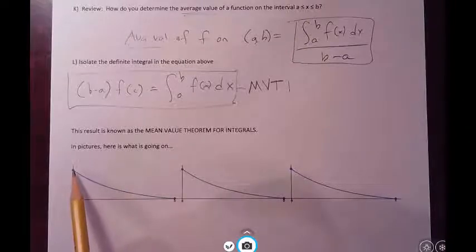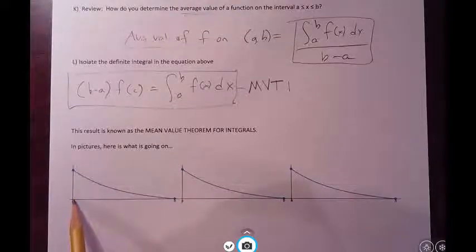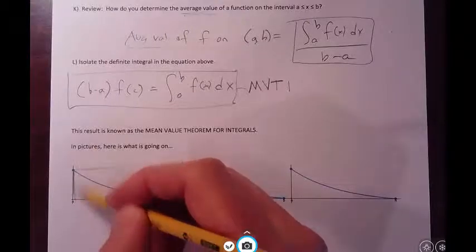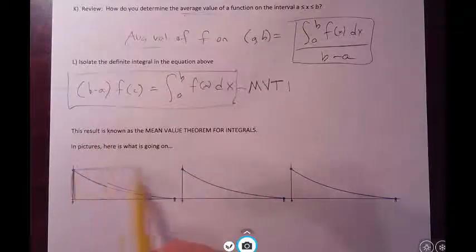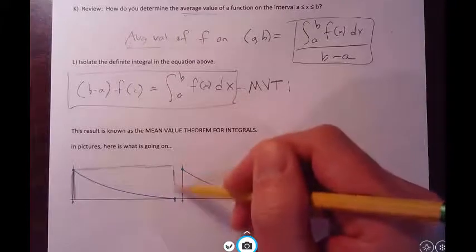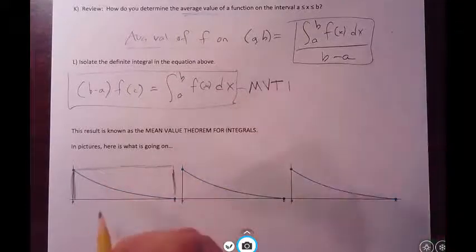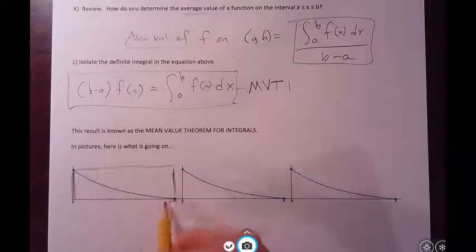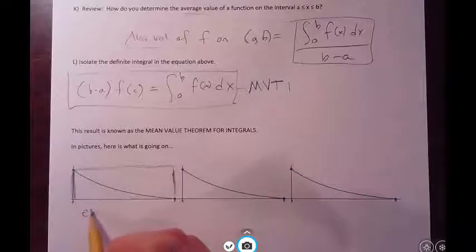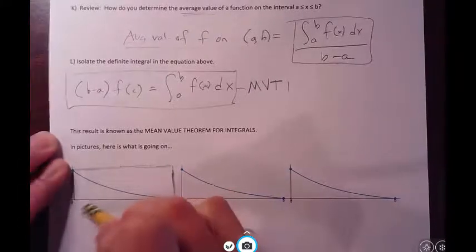Anyway, I'm gonna first draw in a left endpoint rectangle to approximate the area. So my rectangle immediately goes up to the top of the function and then over for the width of the interval. So this rectangle gives me an overestimate.